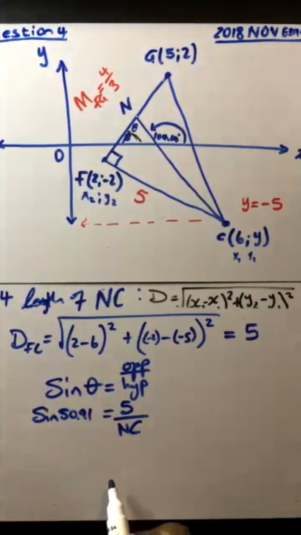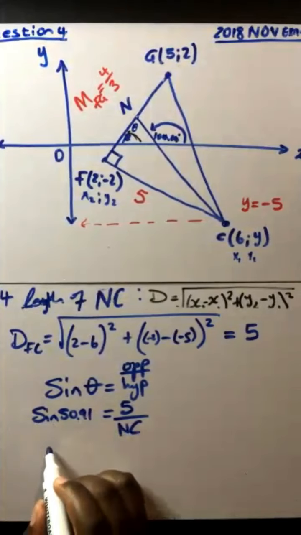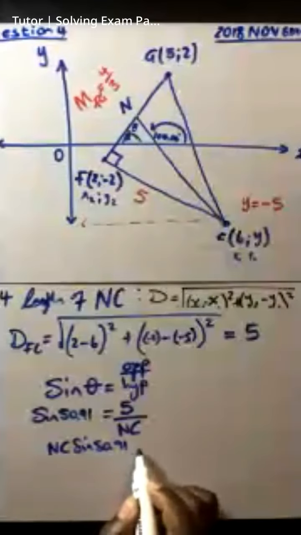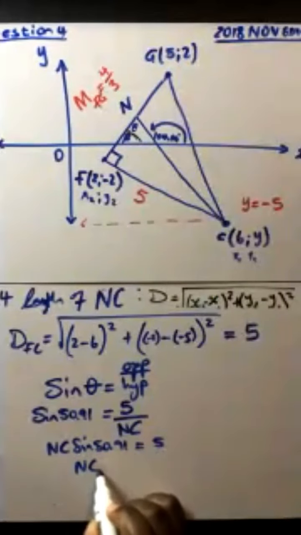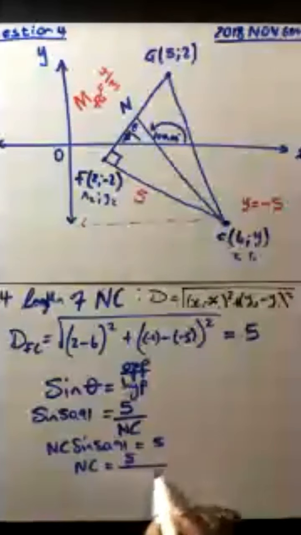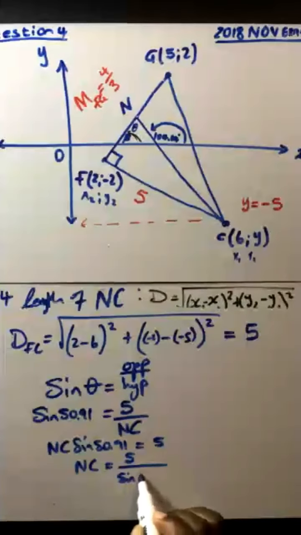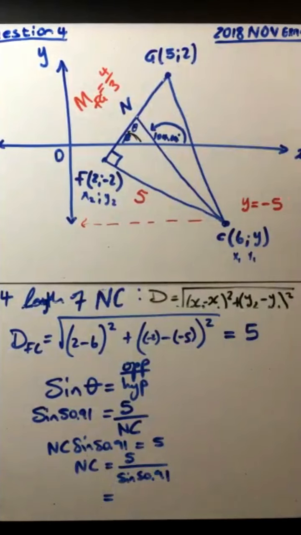50,91. So obviously, in this case, you can just cross multiply, meaning you've got NC sine 50,91, which is equal to what? 5. Then NC is equal to 5 divided by sine of 50,91. Guys, if you agree with me on that one, what is 5 over sine 50,91?